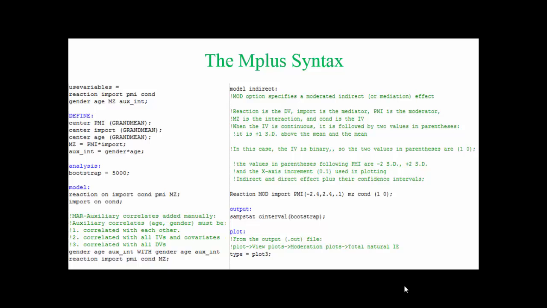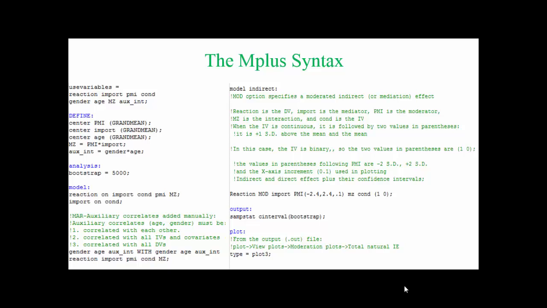And like it says, these values are 2 standard deviations below, 2 standard deviations above the mean. And that 0.1 is the increment by which values along the x-axis of the plot, we're going to see here in a second, we're going to increment. MZ is our interaction term, and condition is binary. Remember, that was random assignment, 0, 1.